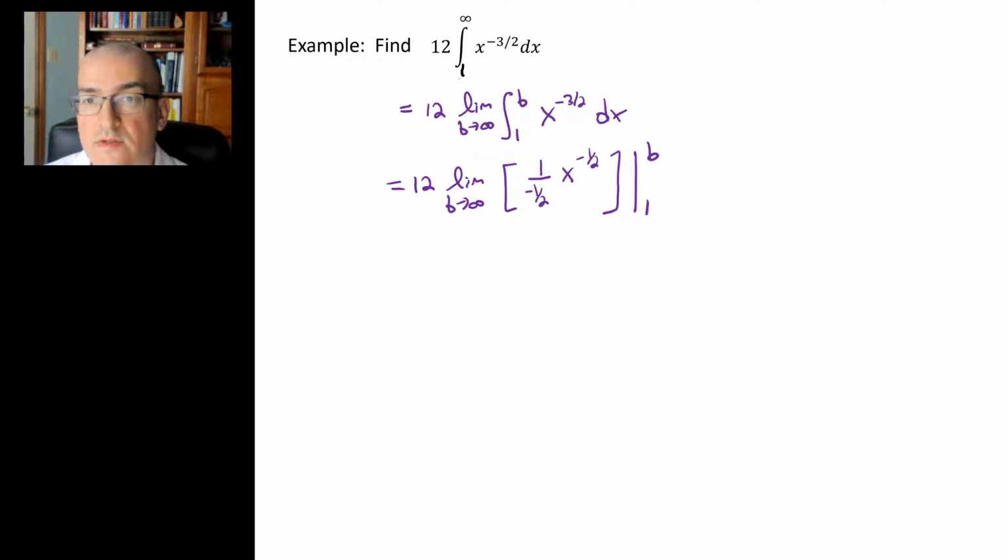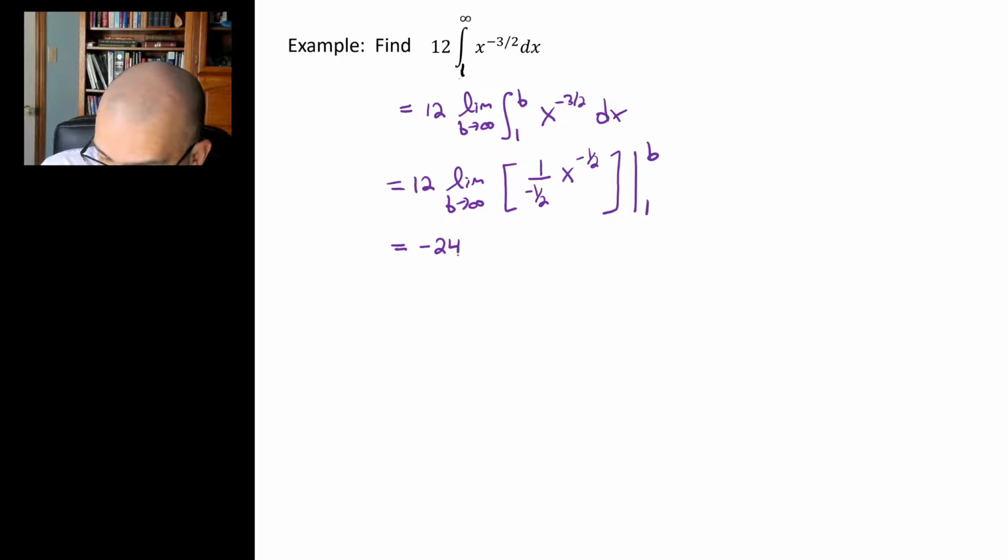All right, so use the anti-power rule, take the antiderivative. Dividing by 1/2 is the same as multiplying by 2. So we're going to have a negative 24 times the limit as b approaches infinity of 1 over the square root of x, evaluated from 1 to b.